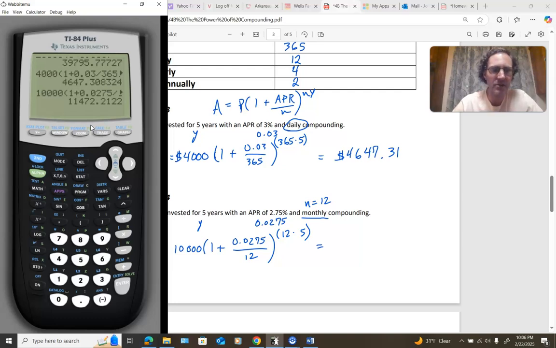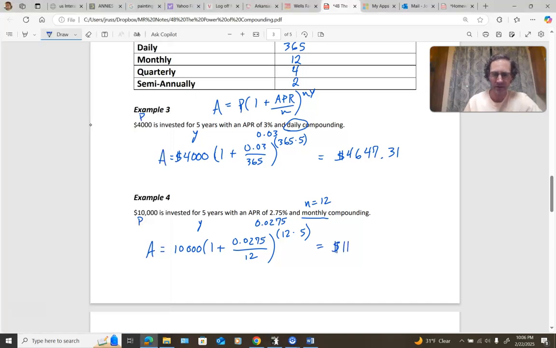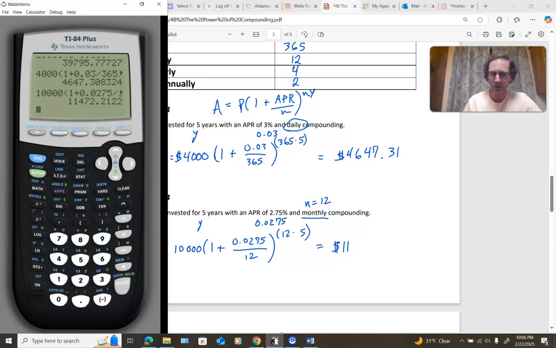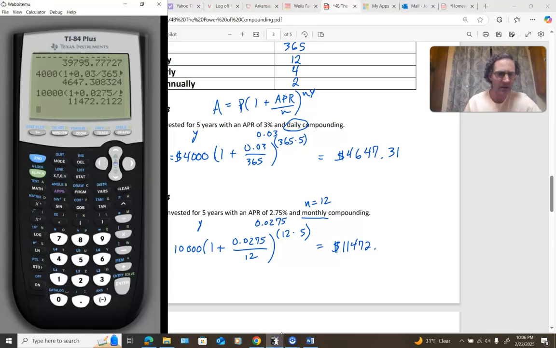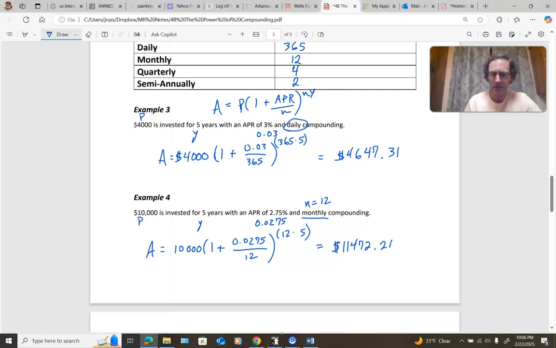It went from 10,000 to a little over 11,000. And again, it's only 5 years. The interest rate's small. So this would be $11,472.21.